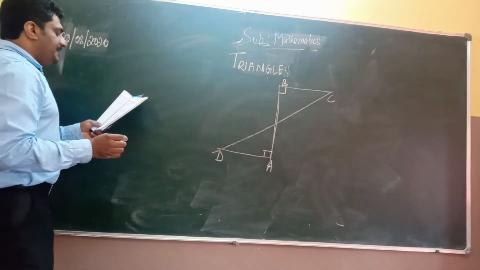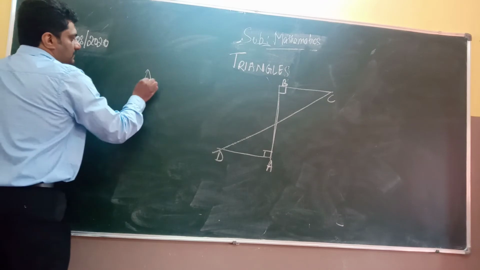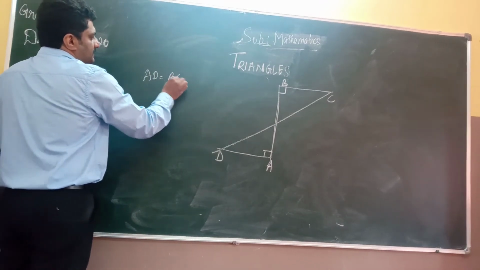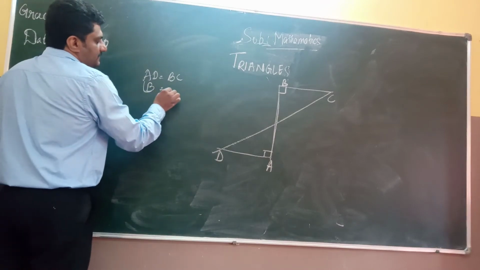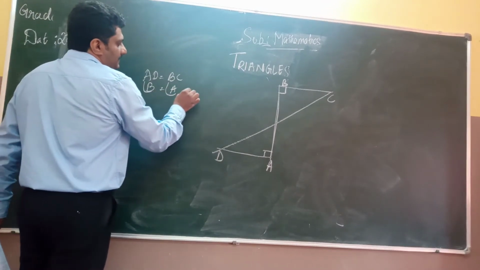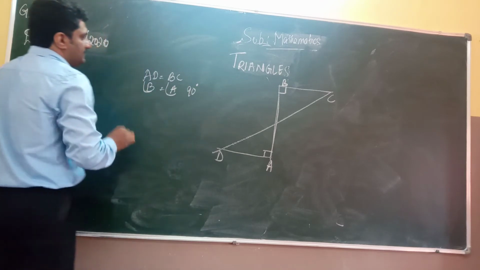They are telling AD and BC are equal, so AD is equal to BC. And also they are telling angle B is equal to angle A.